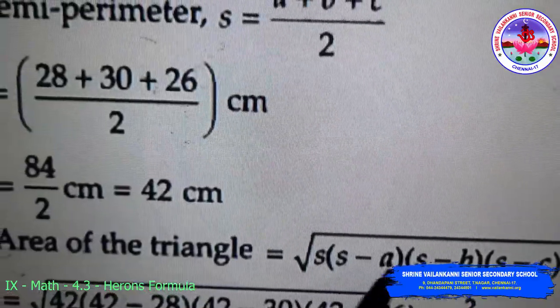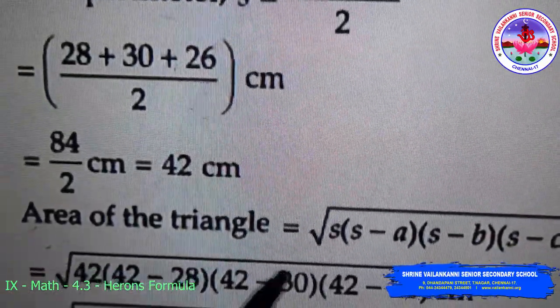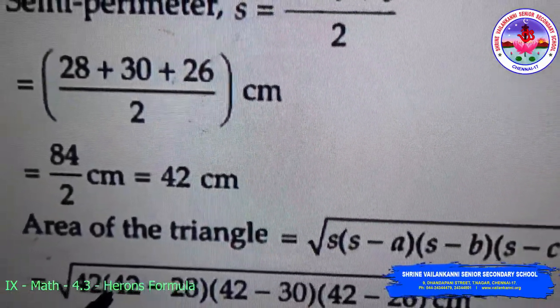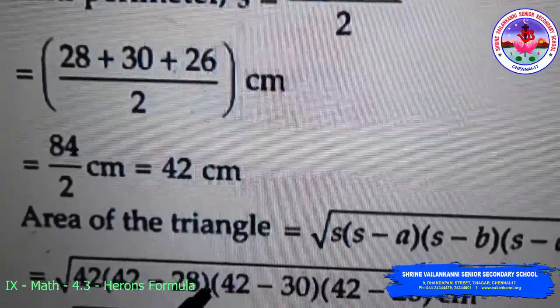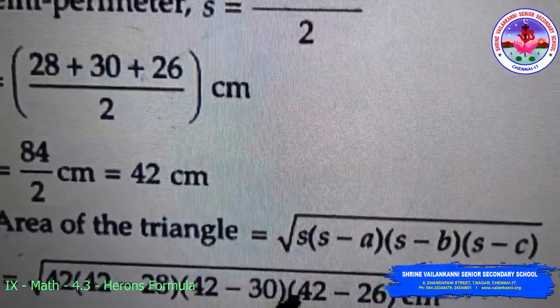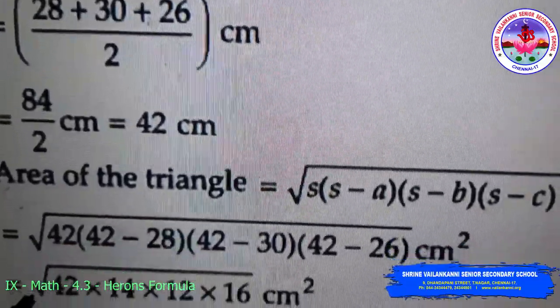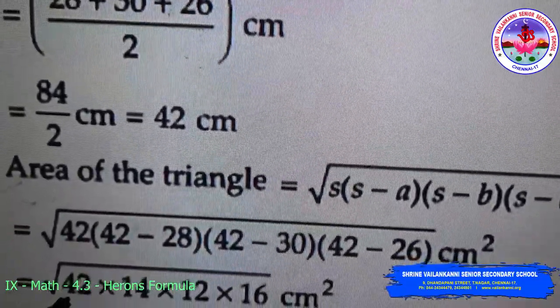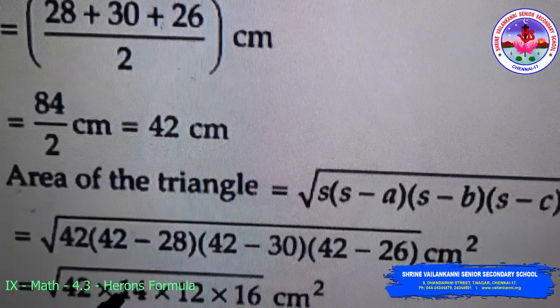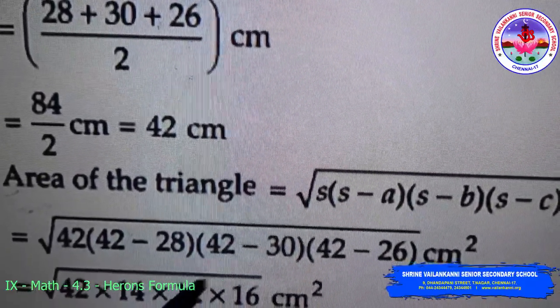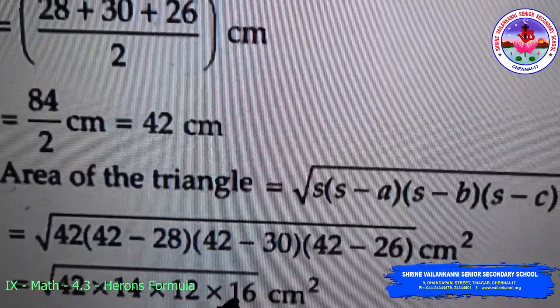Substituting all the values here, you will get square root of 42 into 42 minus 28 into 42 minus 30 into 42 minus 26. Simplifying this, we will get square root of 42 into 14, since 42 minus 28 is 14, and for the next bracket 12, and the third one we will get 16.